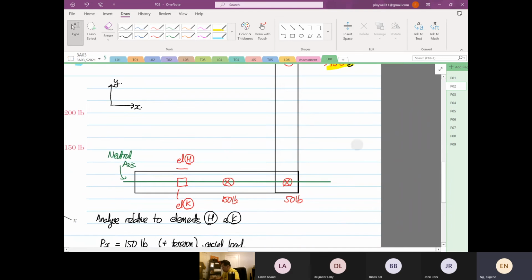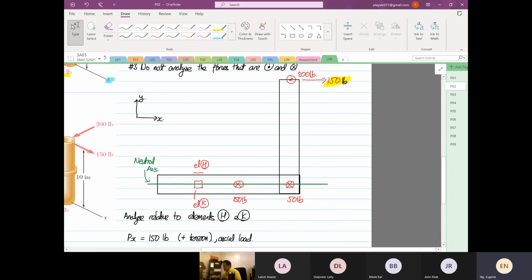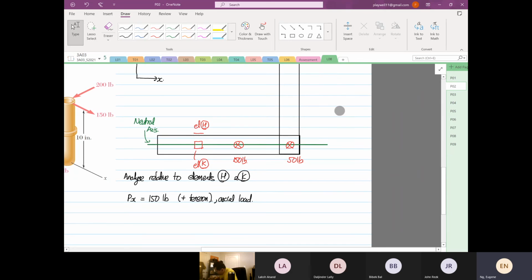And some of you might ask, Eugene, why is that? Why should it be 150 in tension? Yes or no? So if I were to make you recap what we taught in week number 2, remember we had a structure like this, under eccentric loading.